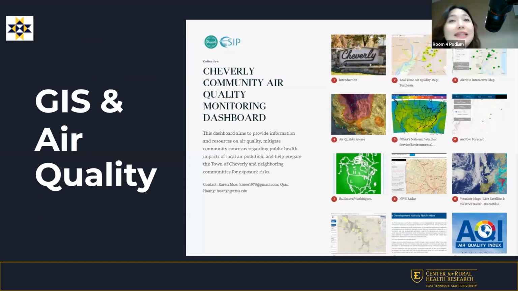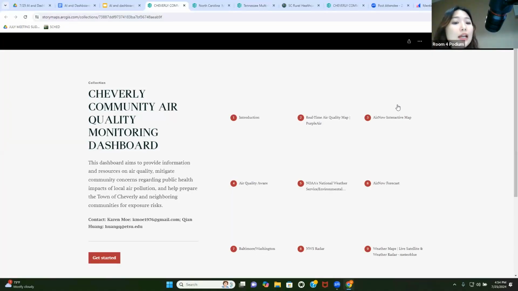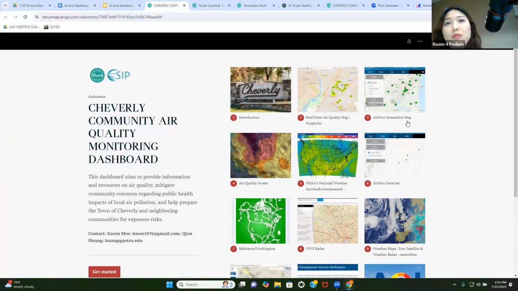So I have several dashboards I created before, and I'm gonna show some of those. This one was a Founding Friday project 2 years ago, and I built a dashboard to show the Cheverly community air quality monitoring. And Cheverly community is a very small community in Maryland, close to DC.